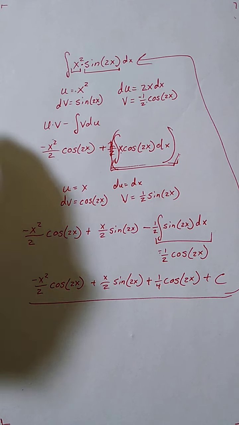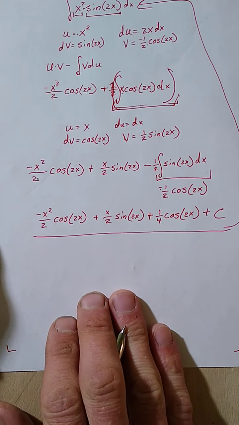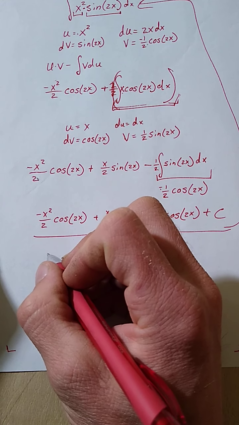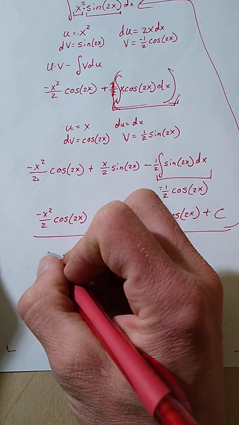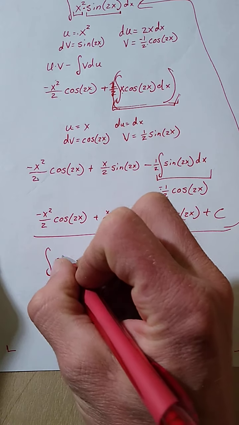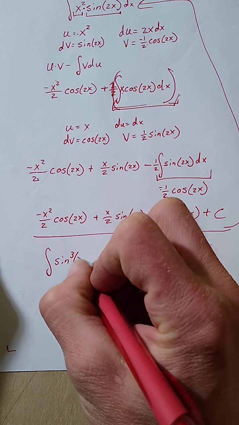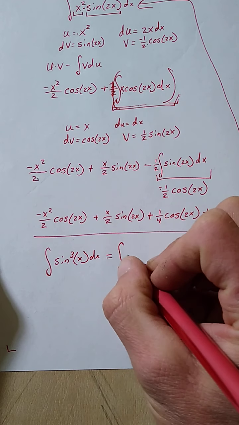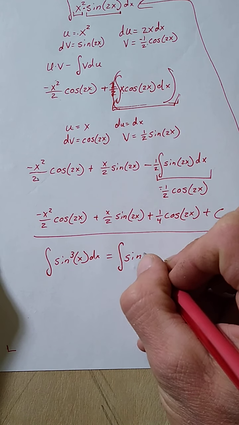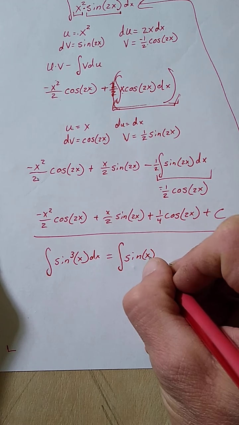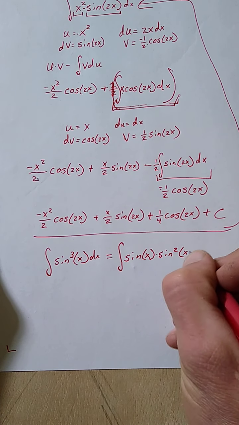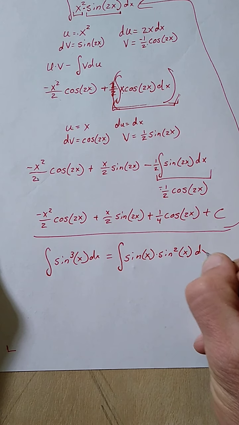Okay, a couple other real quick tips. Don't be fooled on things that look like they would be integration by parts but are easier the other way. So like, say, the integral of sine cubed x dx can be written as the integral of sine of x times the sine squared of x dx.